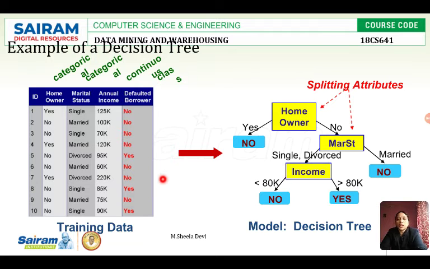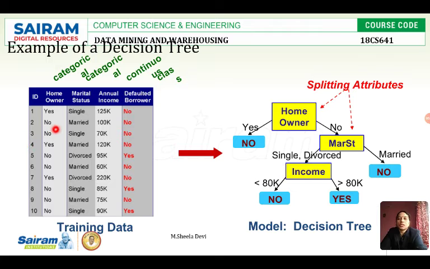As I said, we have four attributes, of which three are the properties that decide whether they will be a defaulted borrower or not: homeowner, marital status, and annual income. If you see the first column, homeowner: yes, he is the homeowner, he is not a defaulted borrower, so he is paying the loan properly.